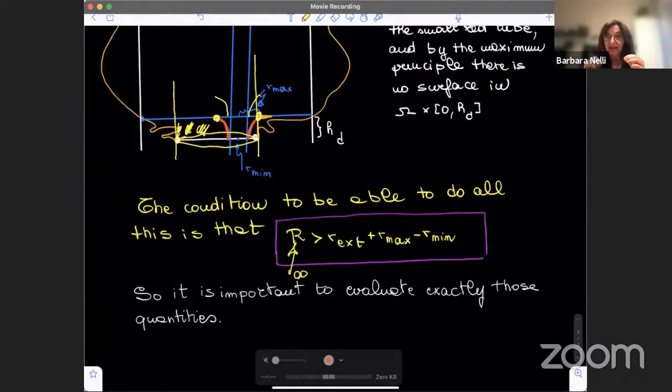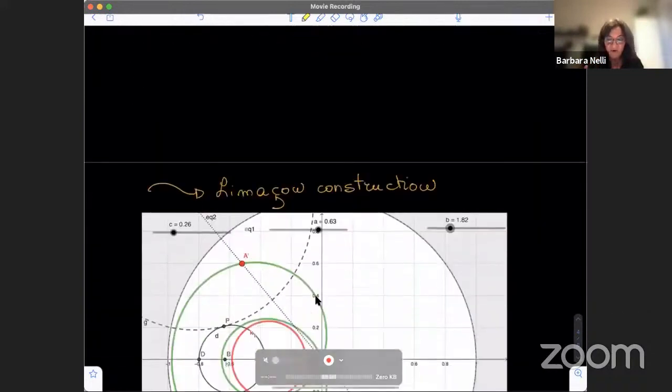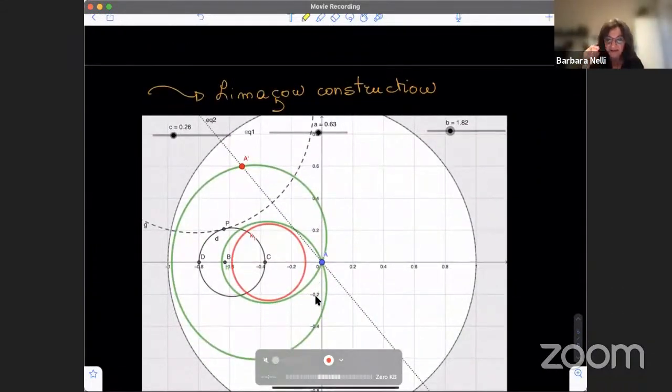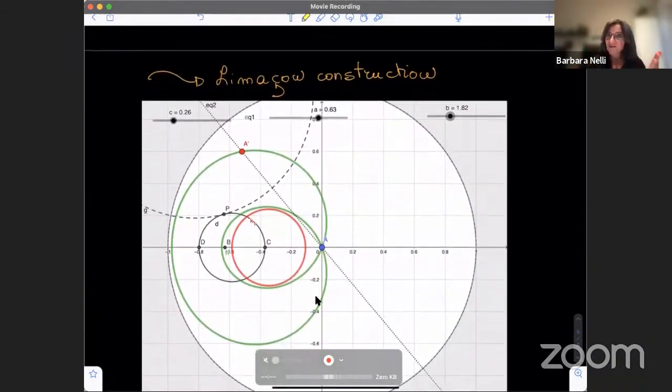Here, we have to really compute and evaluate everything, okay? But it works, because of this very nice construction that is the limaçon construction. With this, we are able to evaluate all the quantities and prove that it is possible to make the good choice.